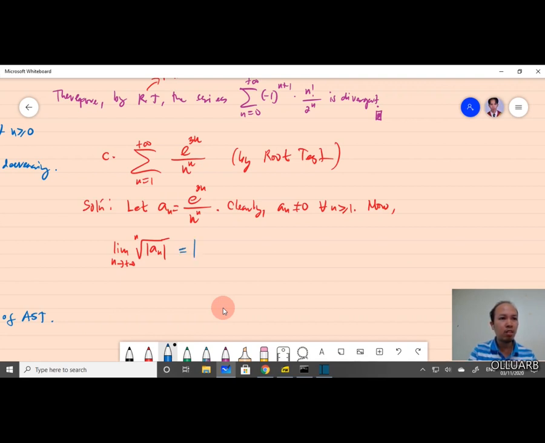As you can see here, substitute e to the 3n over n to the n as n approaches positive infinity. Let's simplify. Notice here that we can now remove the absolute value since n starts from 1 up to positive infinity.